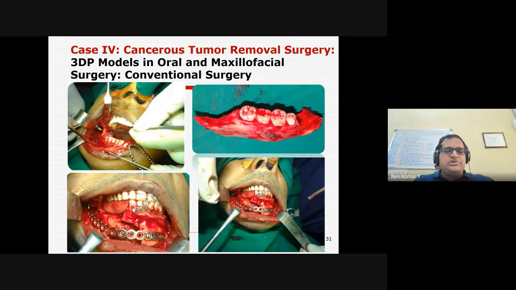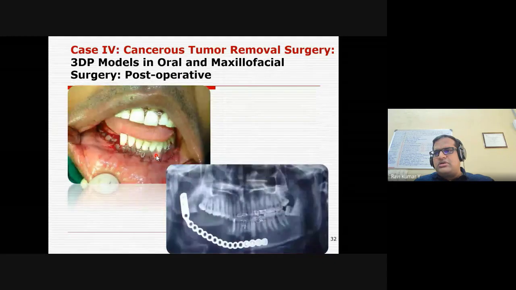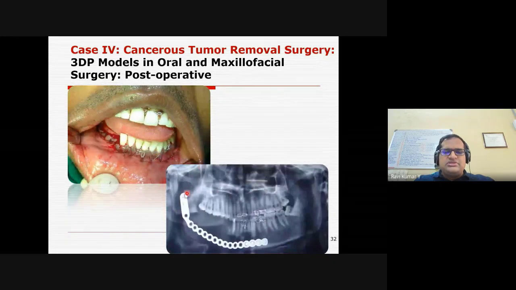Because we could not implant it into the patient's body, so they used a conventional method here. This was after the post-operative stage, but still it was not a successful surgery. They again came to us saying the conventional method was not successful, and asked if we could help them perform the surgery.